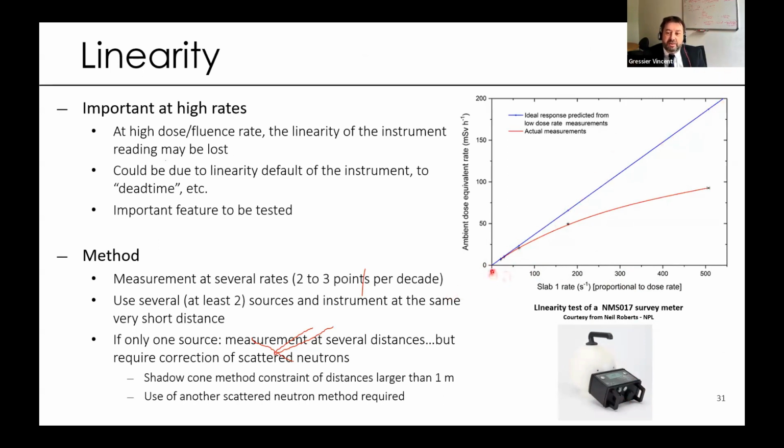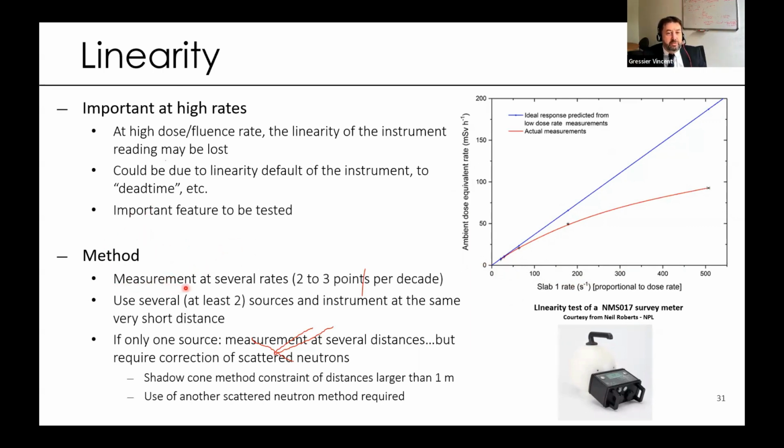But you see that if you increase the rates, and this is measured in terms of dose equivalent rate, you see that it's not linear at all. And if you make just one measurement there and you consider, okay, I can then make a linear extrapolation, you will make something wrong. So that's why it's important to be tested.